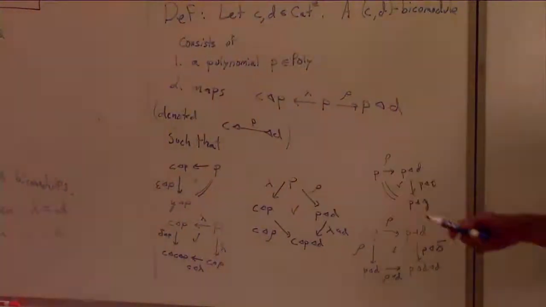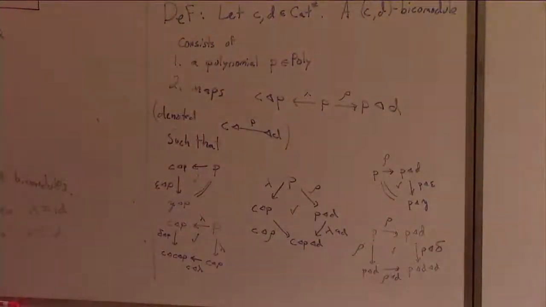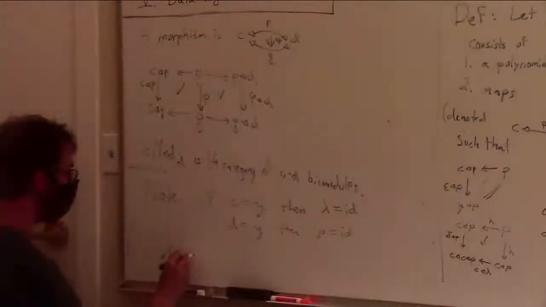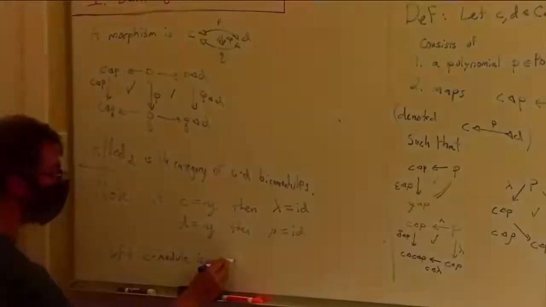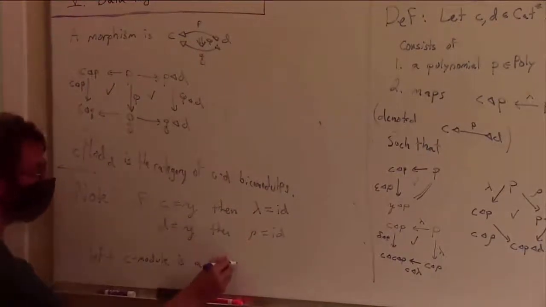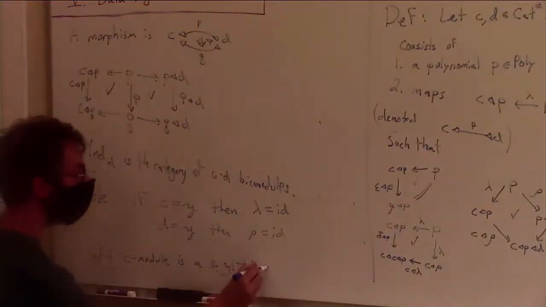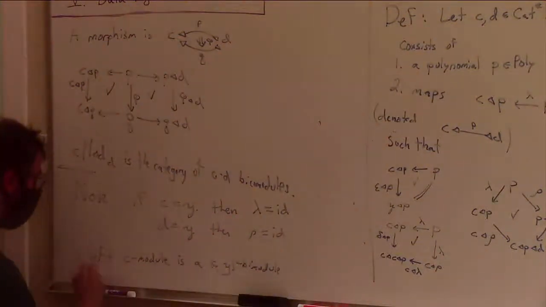And so one more definition, a left C module is a C Y bimodule, in other words, where D is y, and a right D module is a Y D bimodule.